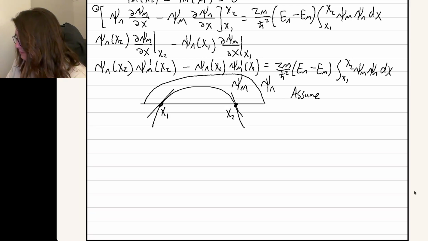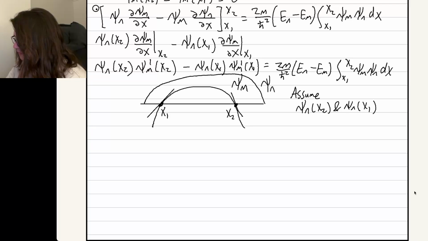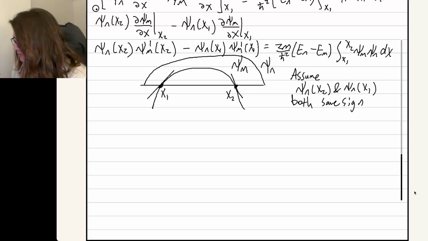So that is going to give us the fact that psi n of x2 and psi n of x1 share a sign. So they're both the same sign, right? That's a lot of information, but it's useful for us.